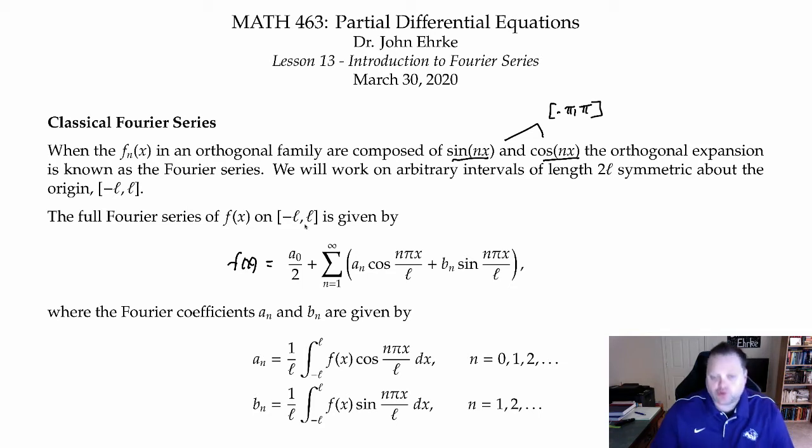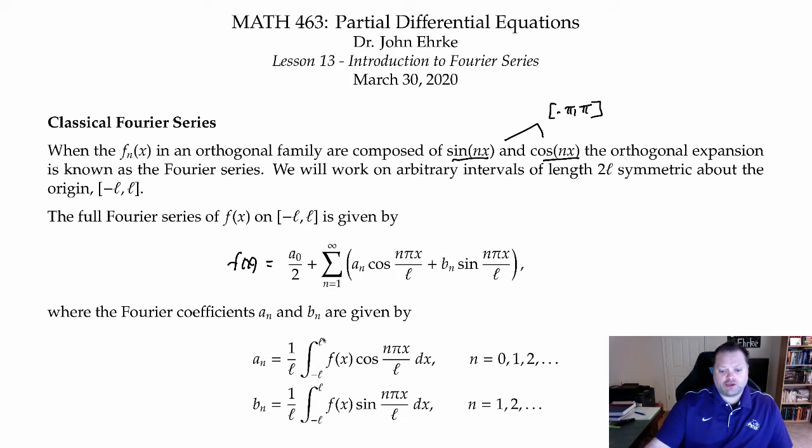That's the classical Fourier series. The classical Fourier series is representing a function on minus pi to pi. That's what Fourier's original work was. But then that work was generalized, given these orthogonal functions or orthogonal family of functions, to the interval of minus L to L. So this is what we call the full Fourier series.